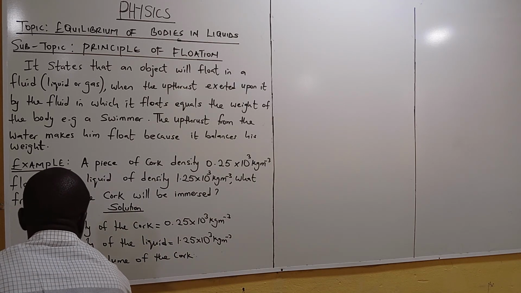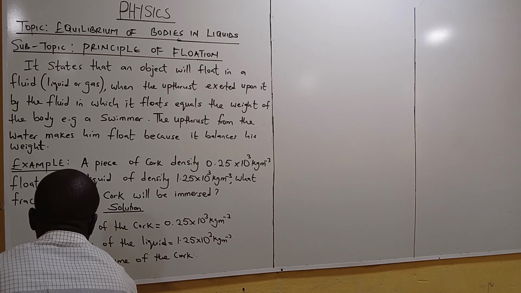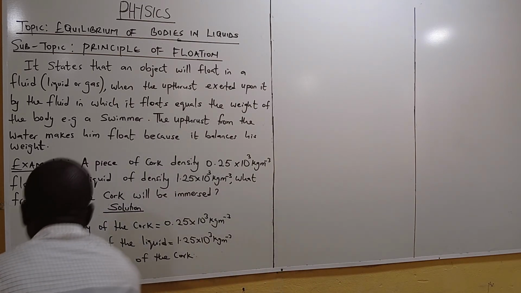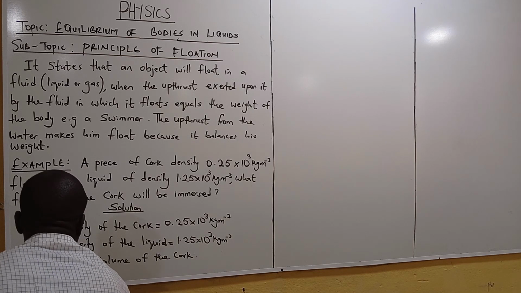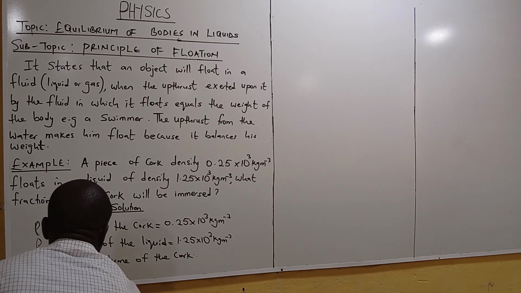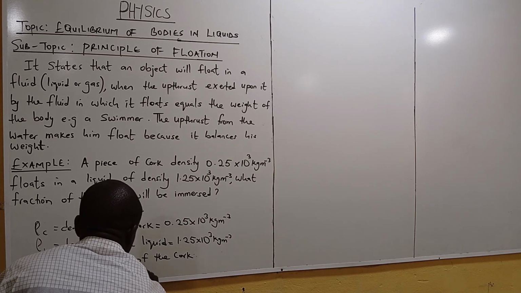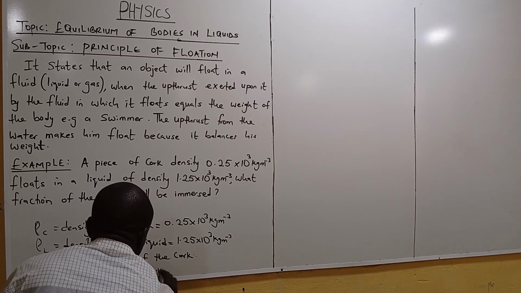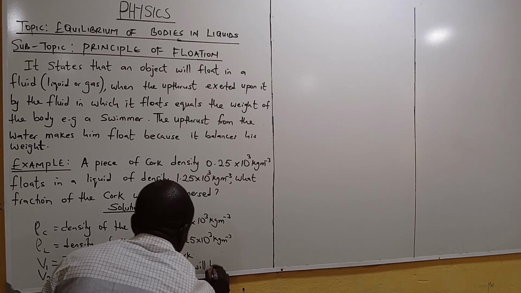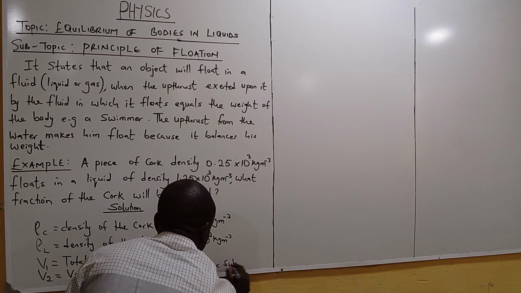V1 equals total volume of the cork. V2 equals volume of the cork that will be submerged.